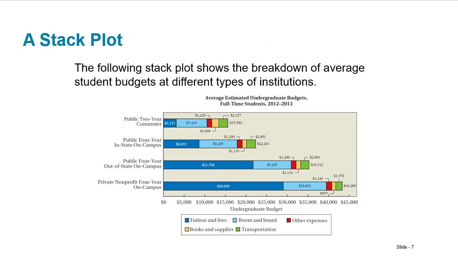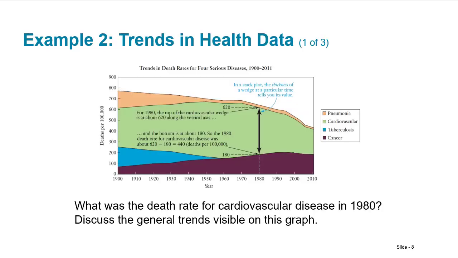Then here's the stack plot. I hate these, right? Each colored spot is supposed to be relative in size. So this at 7,400 is a little bit bigger than twice of this, but unless everything's labeled, it's really hard to figure out what's going on. So I don't like stack plots at all.